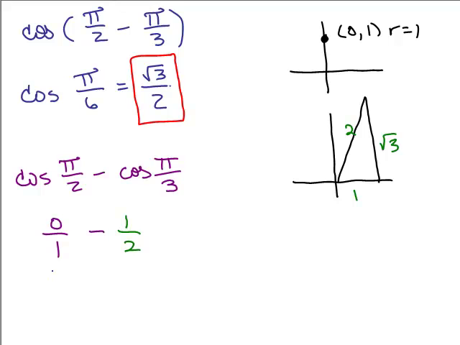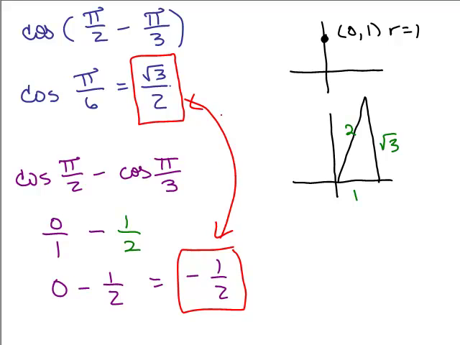So I have 0 minus 1/2, which is negative 1/2. Notice, not the same. Very important whether you have the pi over 2 minus pi over 3 in parentheses or not. Okay, so be careful.